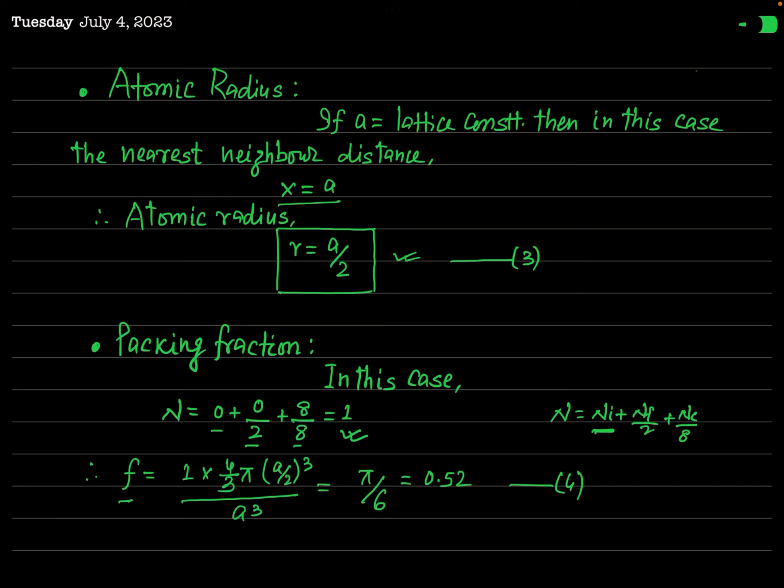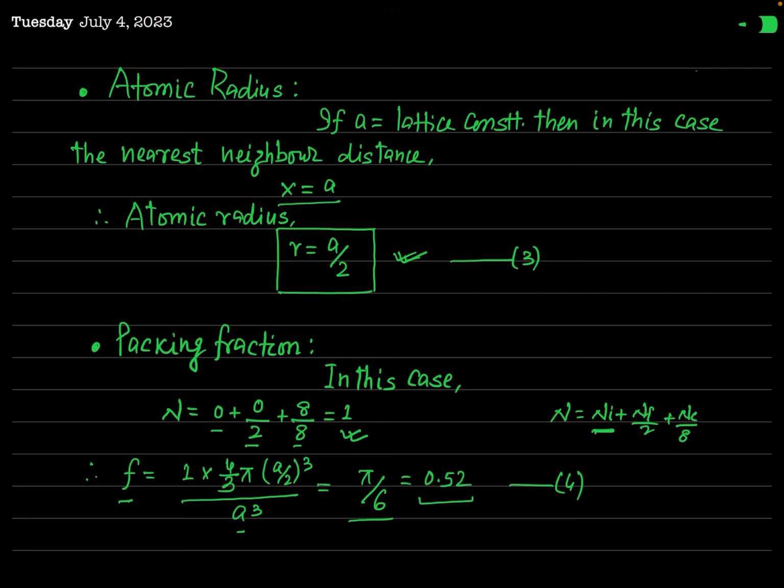Since n is 1, in place of n I have written 1, and 4 by 3 pi r cube. But r in this case is a by 2, so this is a by 2 whole cube, divided by a cube. After simplification, this a cube will cancel out and our result will be f equal to pi over 6, which is equal to 0.52.